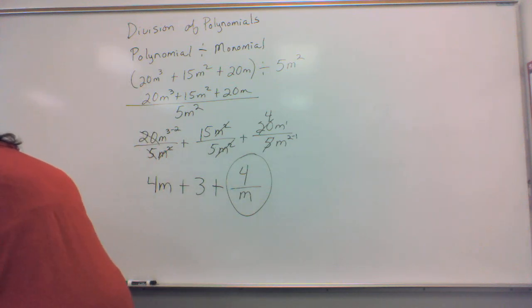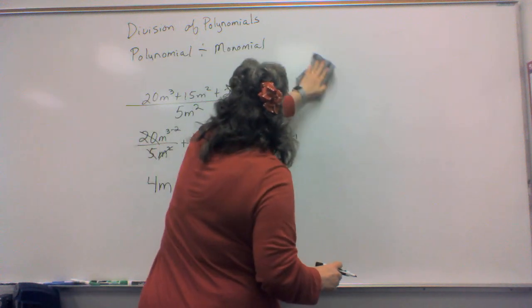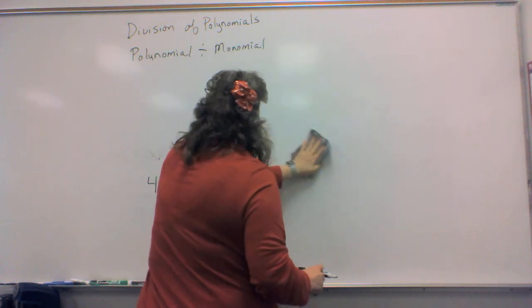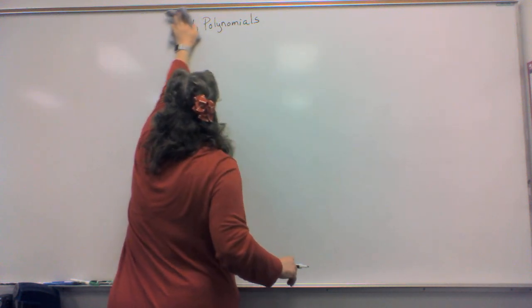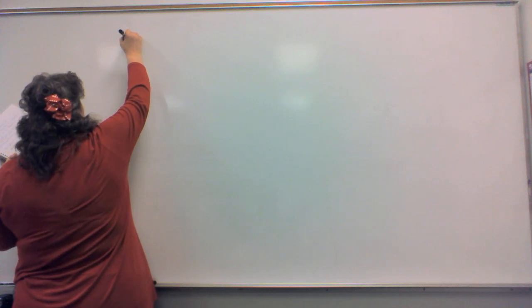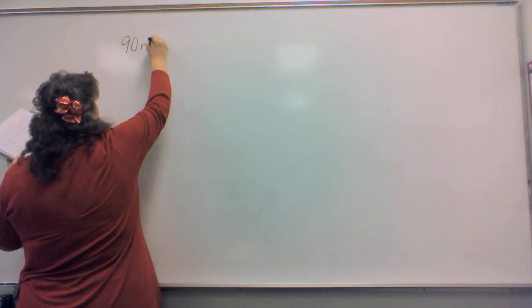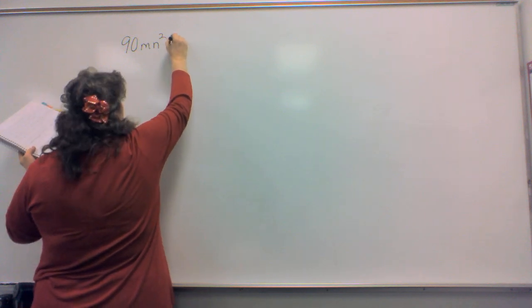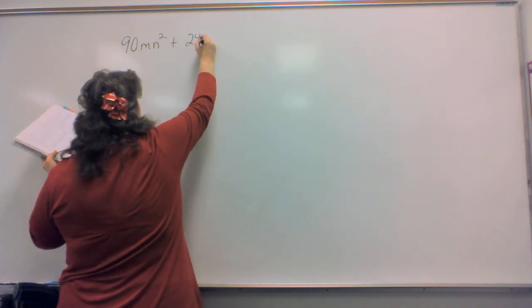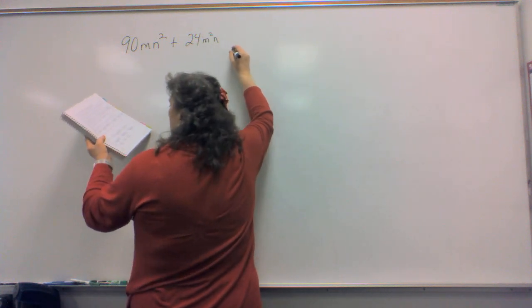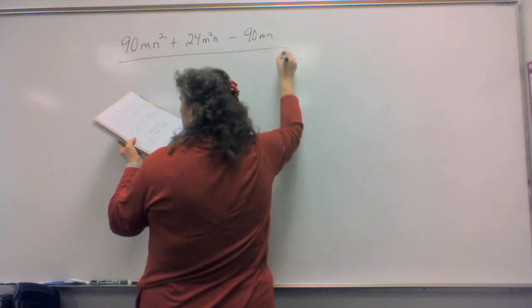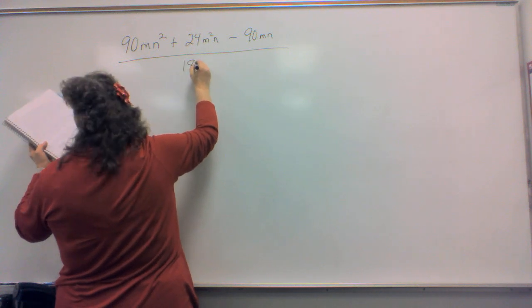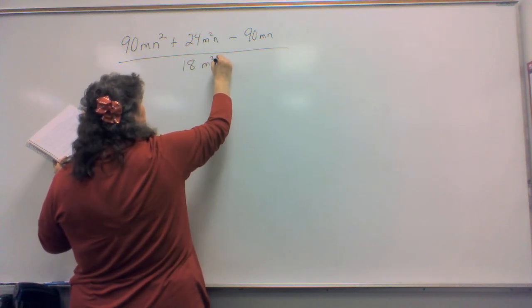Okay, let's look at another one. 90 m n squared plus 24 m squared n minus 90 m times n divided by 18 m squared n.